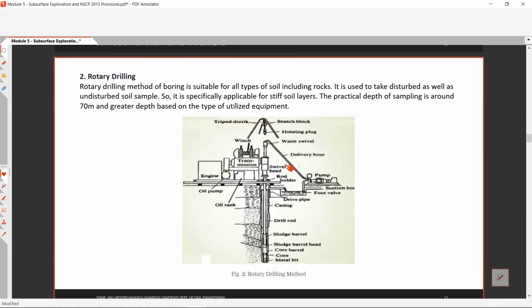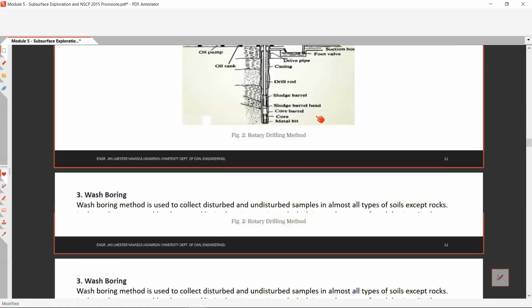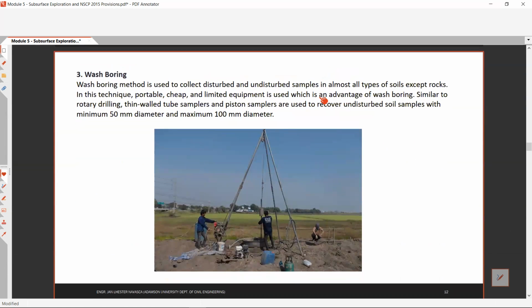For the rotary drilling, we have this engine and transmission box, then they have this pump. Basically they are using this equipment for drilling the soil sample. This is rotary drilling.